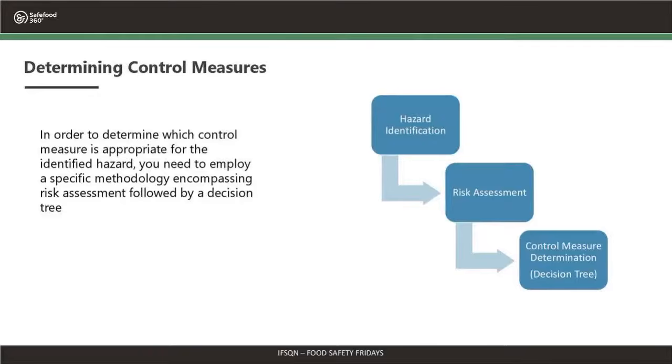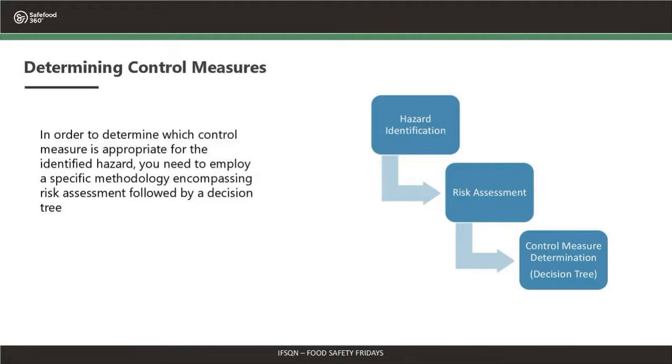So, determining control measures. Is it a PRP, CCP, or OPRP? How can we determine this? When determining control measures, firstly, the specific hazards at each step are identified and characterized. This is then followed by a risk assessment to determine which hazards, if any, are significant.